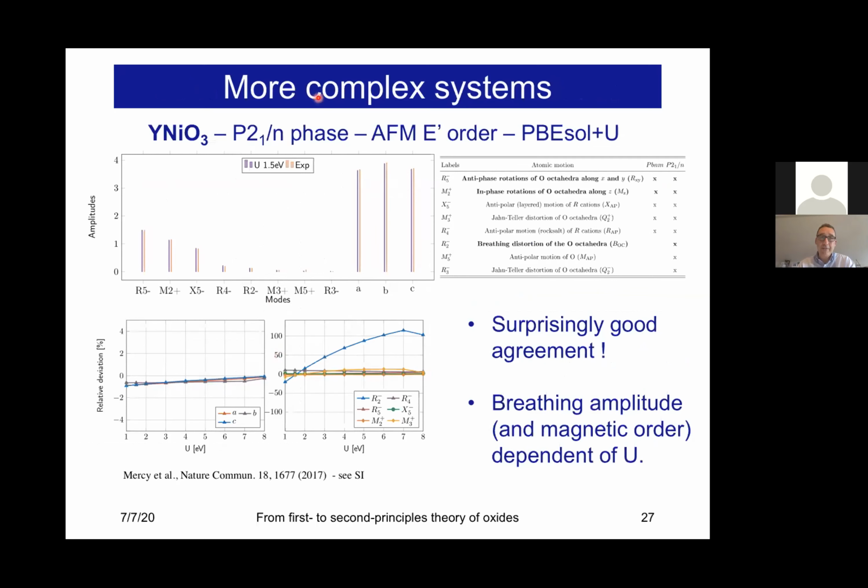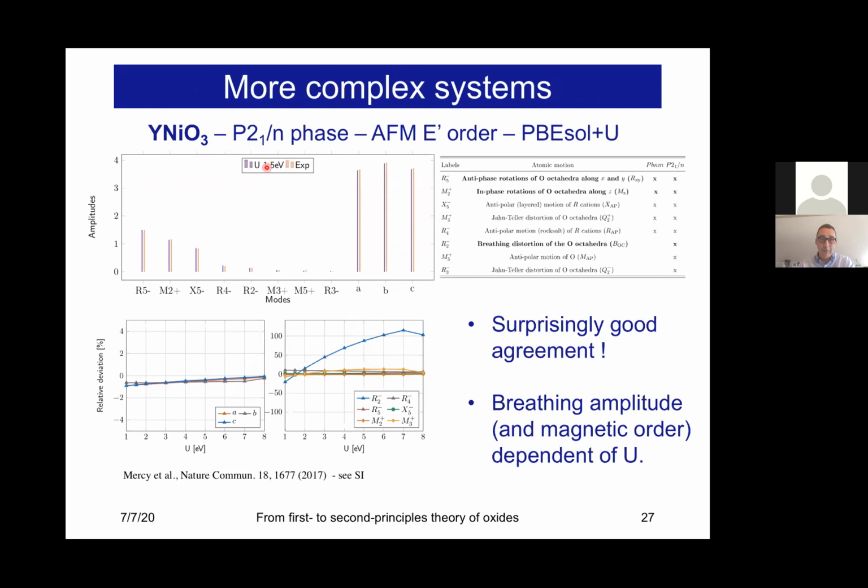I like to mention here that even for more complex systems like yttrium nickelate, DFT, here it's DFT plus U, but so I would say a very standard approach, can produce a very good comparison with the experiment.